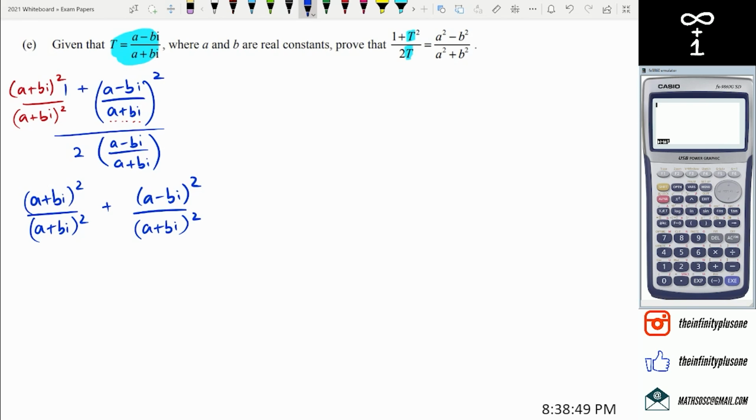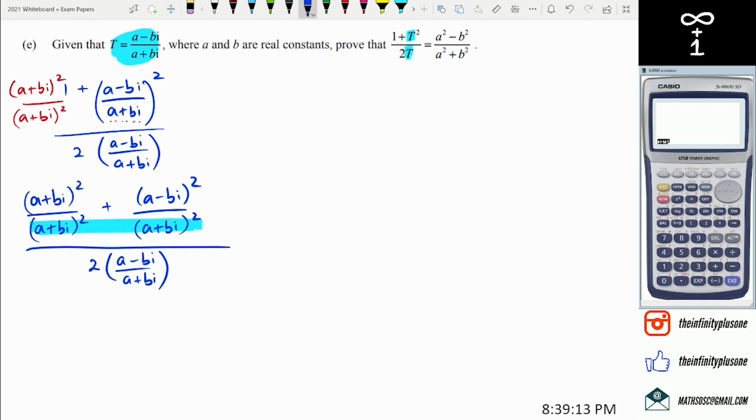Okay, now we've got that divided by 2 times (a minus bi) and (a plus bi). Now notice, guys, I've not actually expanded anything yet. I've kept everything as is. Now the next thing I can do is combine these two denominators as one.